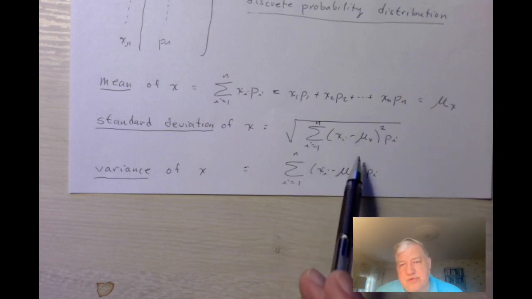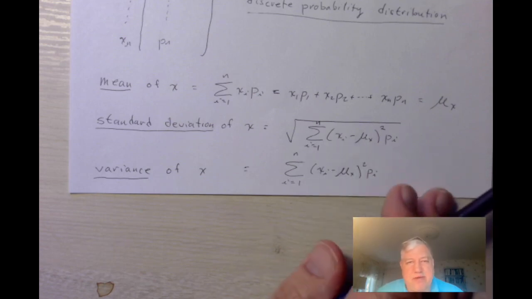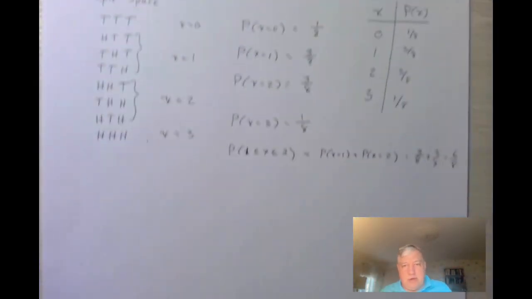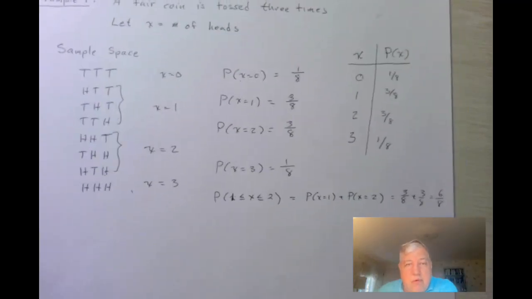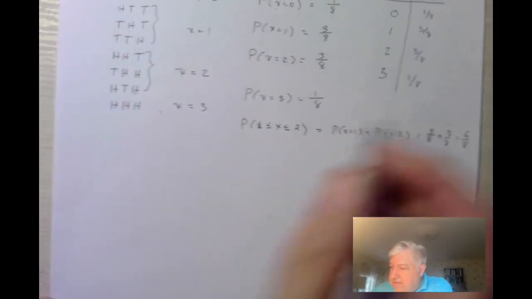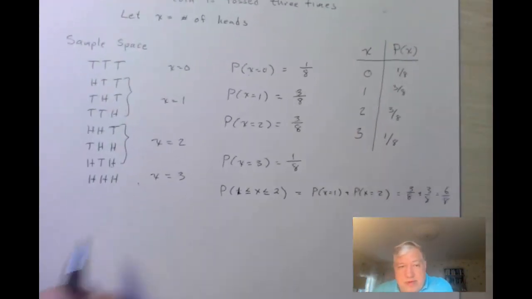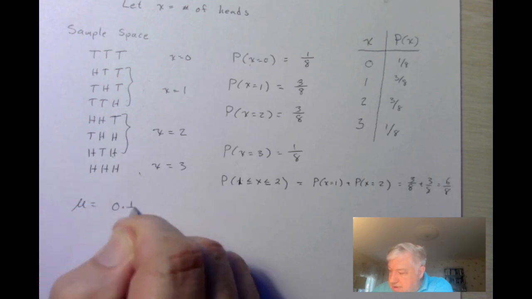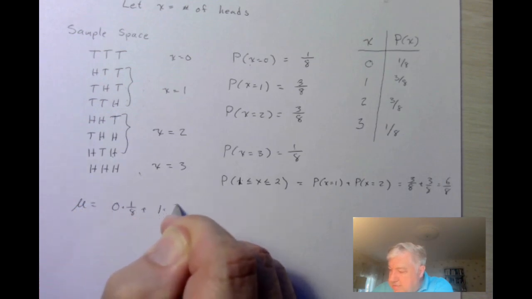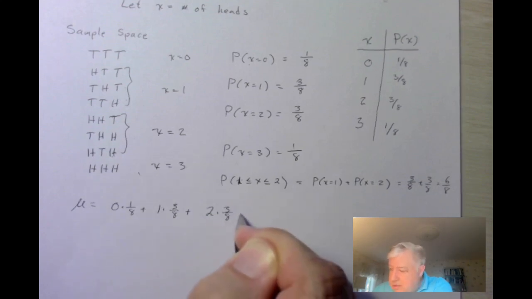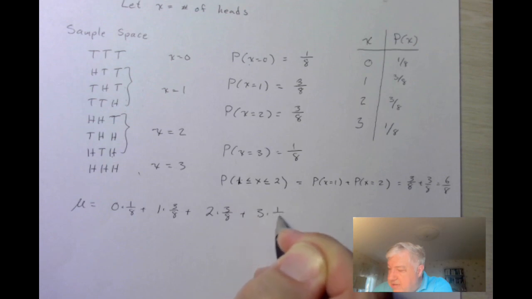At least not for discrete random variables. What we will be doing is a few examples with this. So if we go back to our first example, what was the mean of this one? Well, the mean, mu, would be 0 times 1/8 plus 1 times 3/8 plus 2 times 3/8 plus 3 times 1/8.